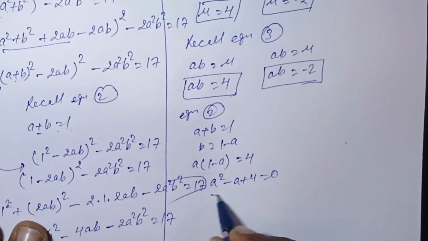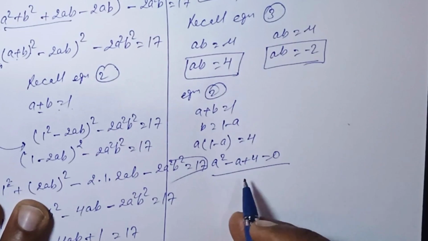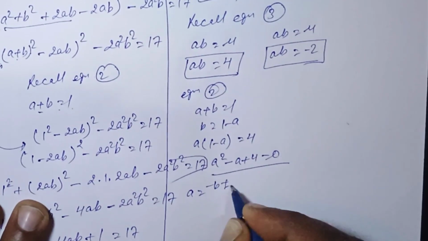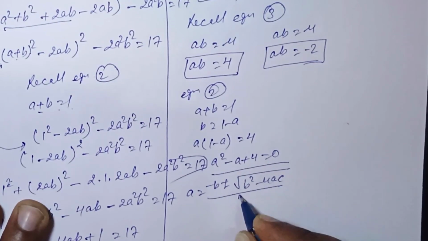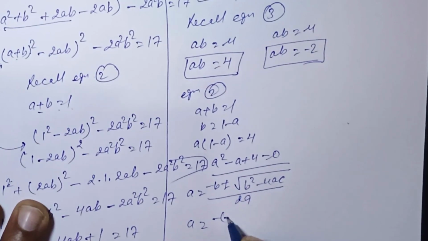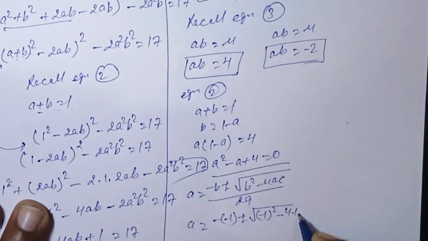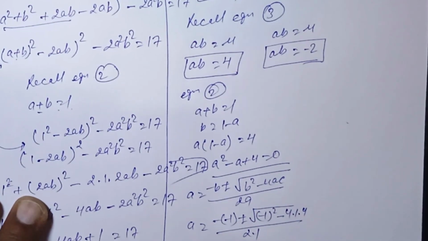Here we apply the quadratic equation formula: a is equal to minus b plus minus root under b square minus 4ac divided by 2a. See here, a is equal to how much? Minus (minus 1) plus minus root under (minus 1) whole square minus 4 into 1 into 4, divided by 2 into 1.